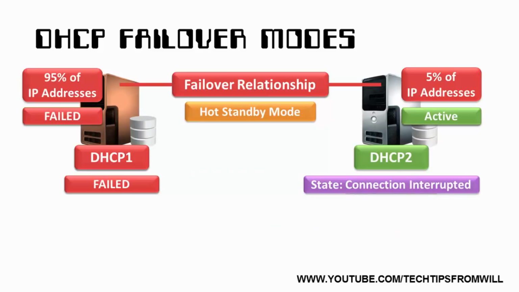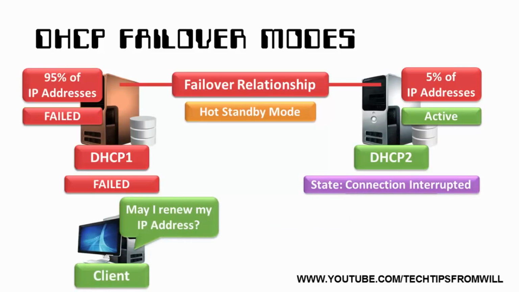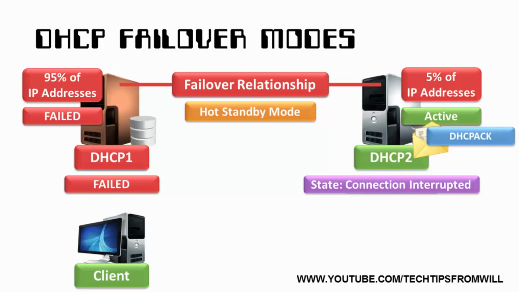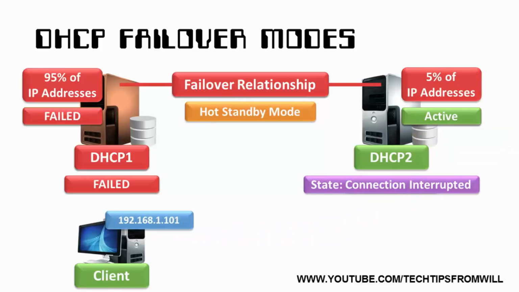Whilst in the connection interrupted state, if a client needs to renew its IP address lease, it will send a DHCP request packet to DHCP server 2. And DHCP server 2 will respond with a DHCP ACK packet renewing the lease.